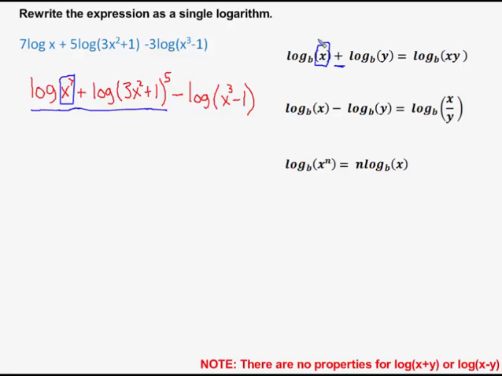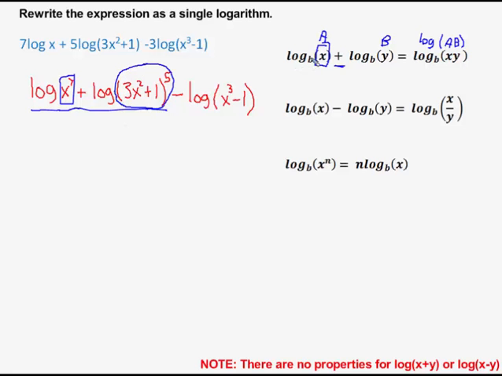But mind you, you could use this property where we put an a and a b here, and it would just read the log of a plus the log of b would be equal to log of the quantity ab. So you could think of it as you're replacing whatever variable we put here with x to the 7th, and here you're replacing whatever variable you have here with this entire quantity.